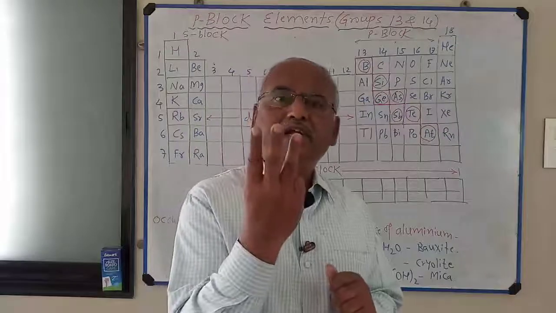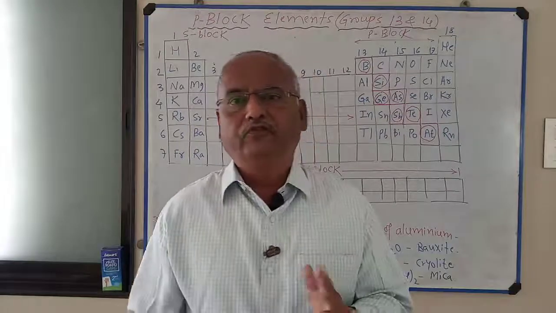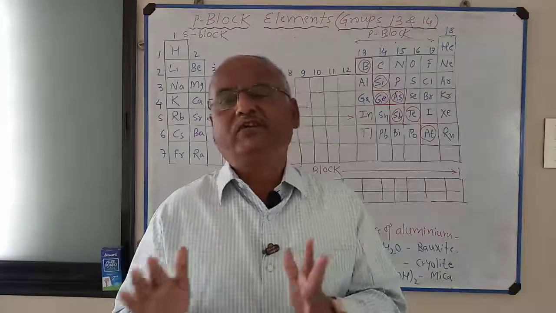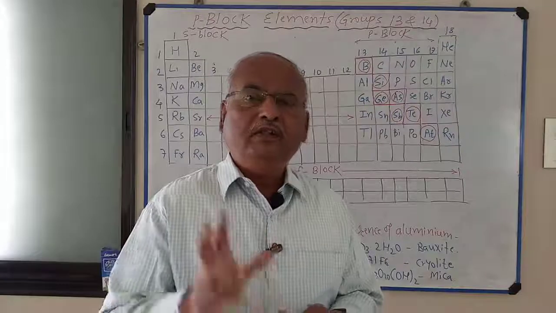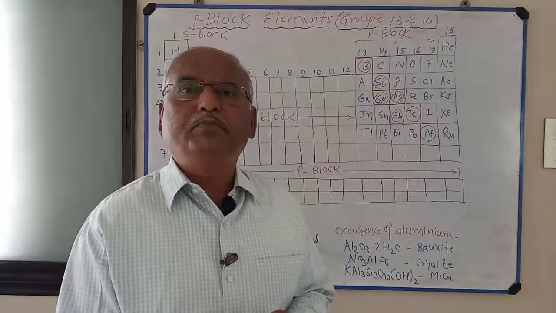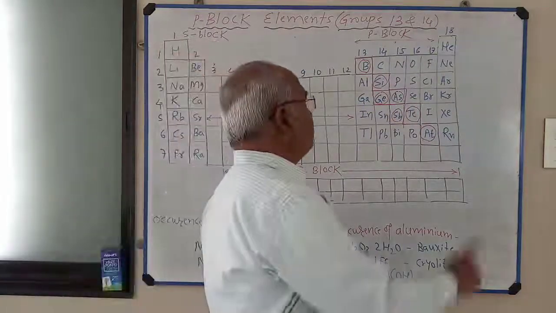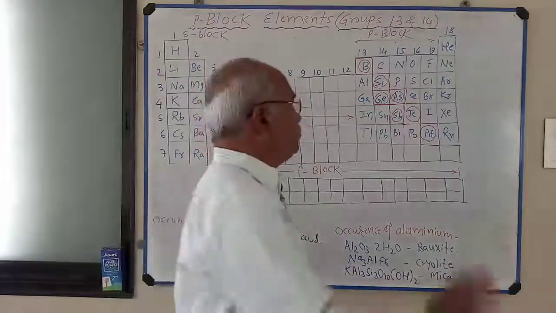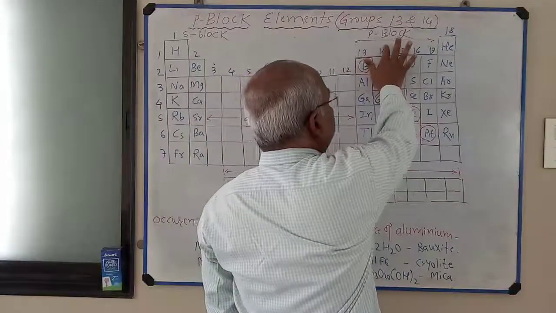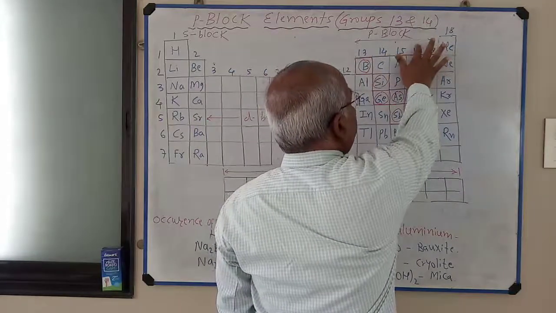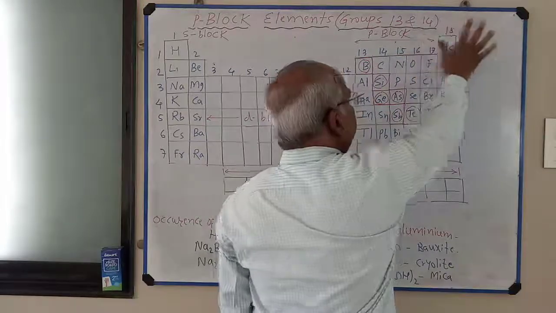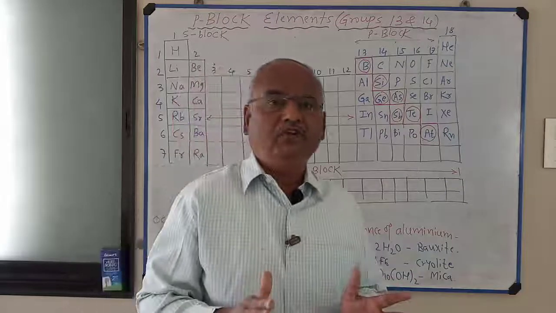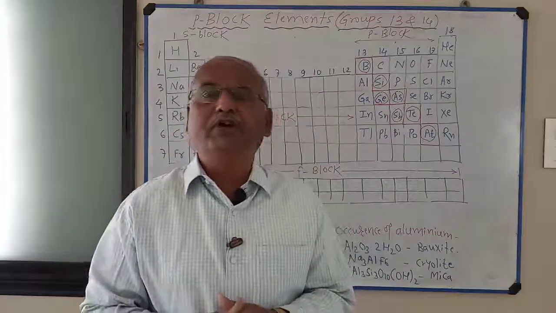In p orbitals maximum 6 electrons can be accommodated. Therefore in the long form of the periodic table there are 6 groups belonging to p block. Group number 13, 14, 15, 16, 17 and 18 belong to p block. They are placed on the extreme right of the periodic table.